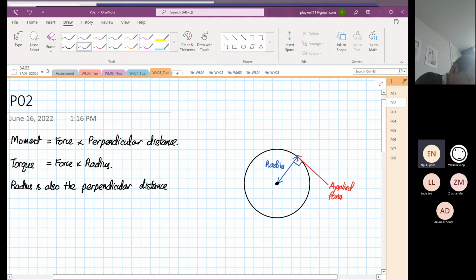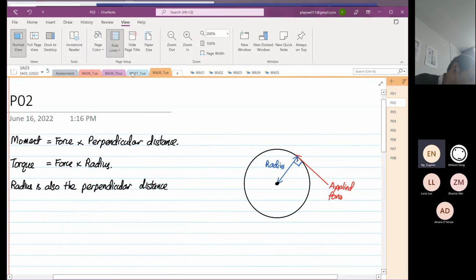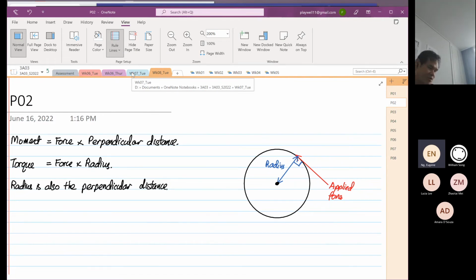And this is also 90 degrees, so it's perpendicular, right? So when is it a torque and when is it a moment? Sorry, not when it's a force and when it's a torque. I do apologize.